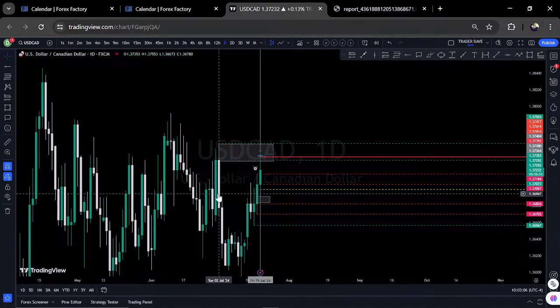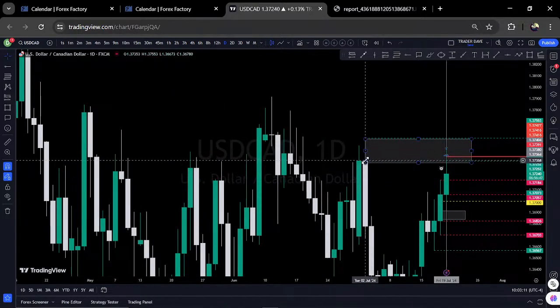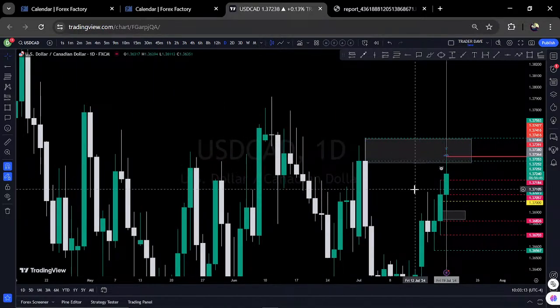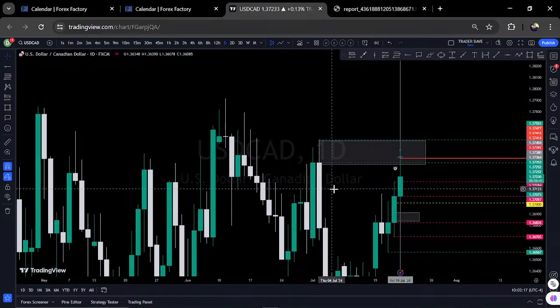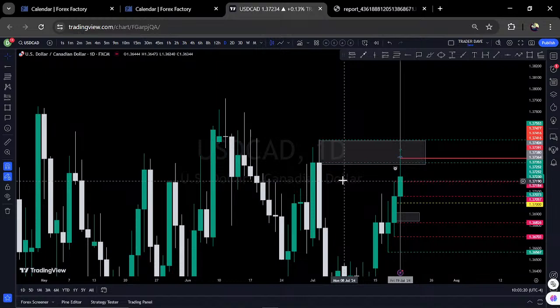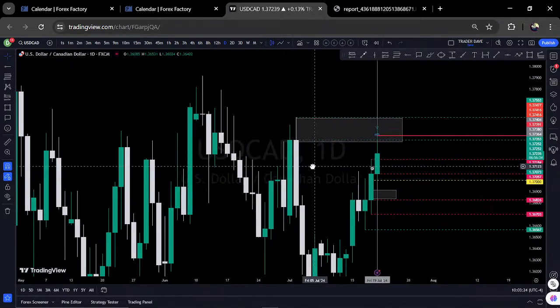And as you all know, during openings, highs or lows of a candle, we tend to have a pool of liquidity lying around there.